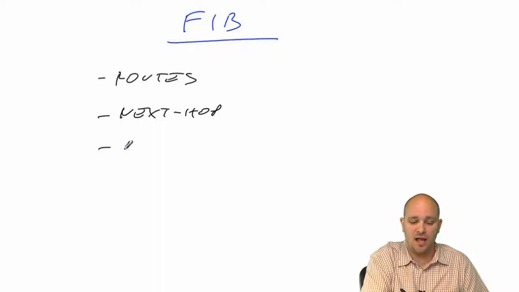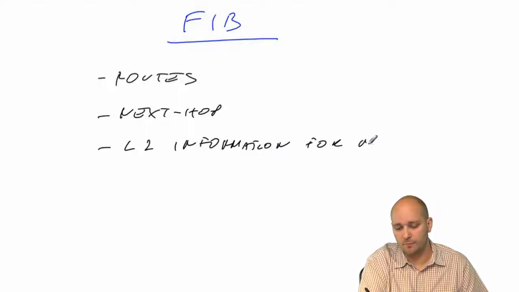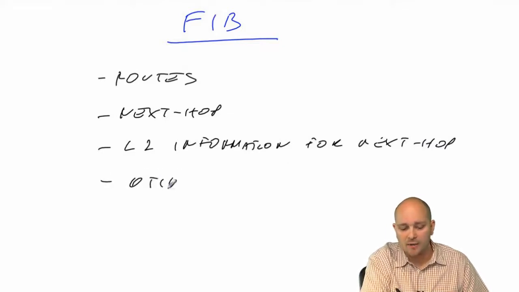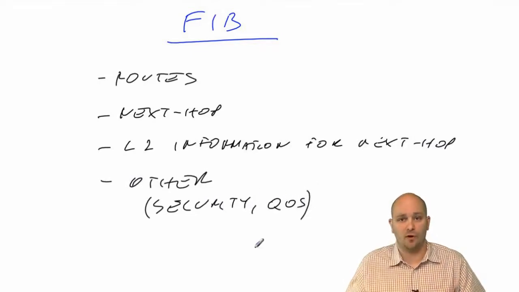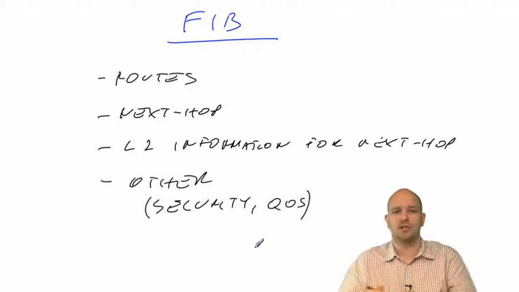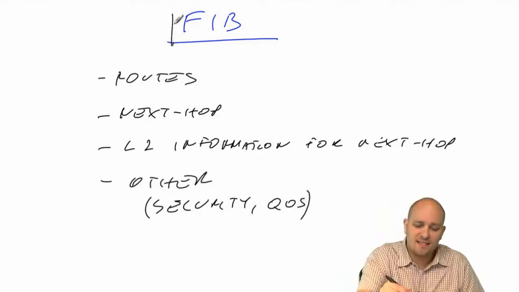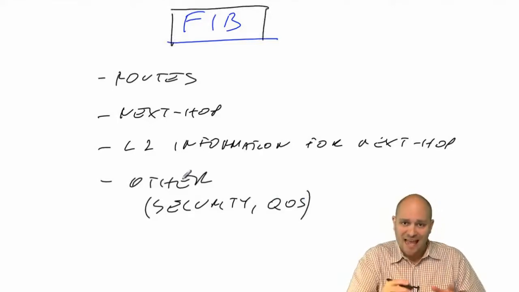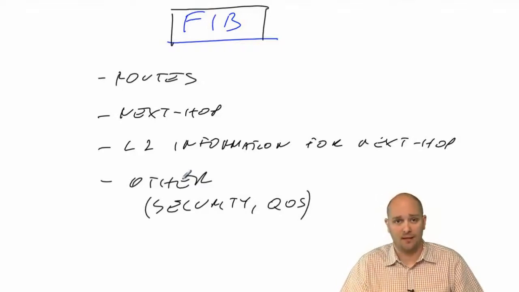It contains information about layer 2 information for next hops, and some other pieces of information that may have to do with security, like access lists, for example, or QoS, for example, so that we know which QoS markings to put on our packets or frames that we are generating as the result. And this separate forwarding information base is what we are using when we are talking about the forwarding plane on the router.